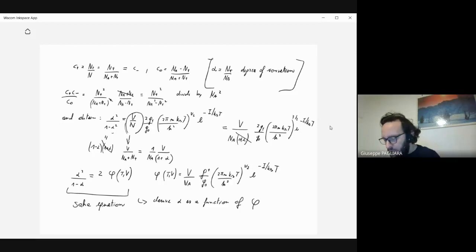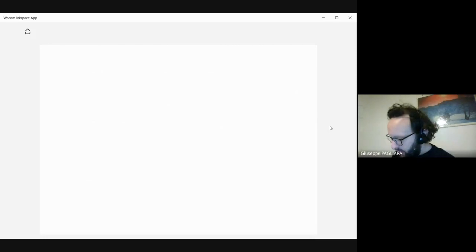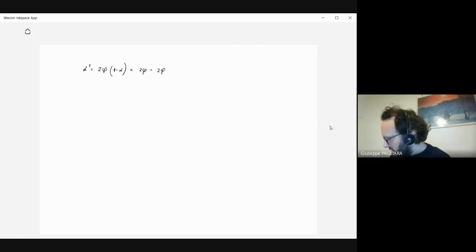And let me change page. So you have to do the following: alpha squared is equal to 2 phi times 1 minus alpha, which is 2 phi minus 2 phi alpha.